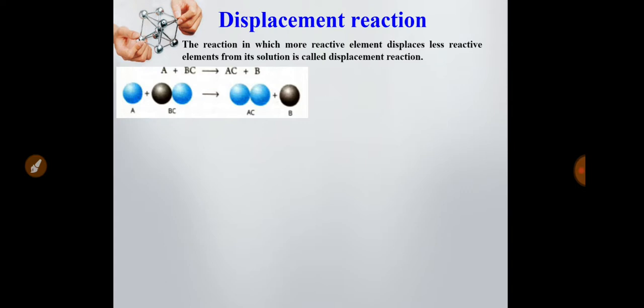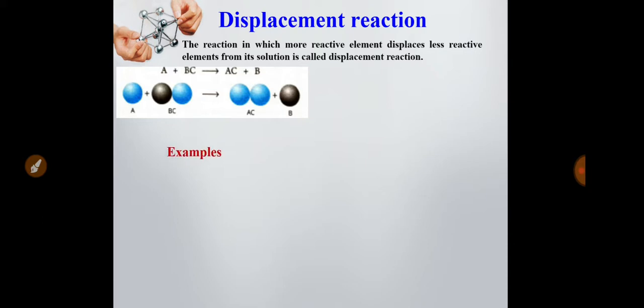These two molecules react with each other, and A is more reactive than B, so A will displace C from BC to form AC, and BC will be converted to B, removing C. So here C is displaced from BC and connected to A. This type of reaction is called a displacement reaction.